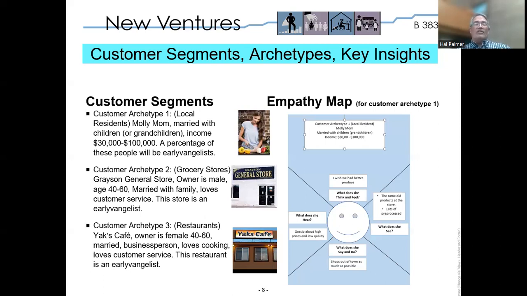Archetype 3 will be representing the restaurant customer segment, and I chose Yak's Cafe, which is also another company that I thought would be an early evangelist that would adopt our product right away. And this is owned by a female business person, loves cooking, loves people, loves customer service. So I use these as the archetypes.